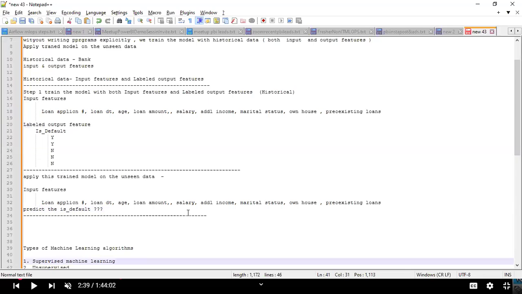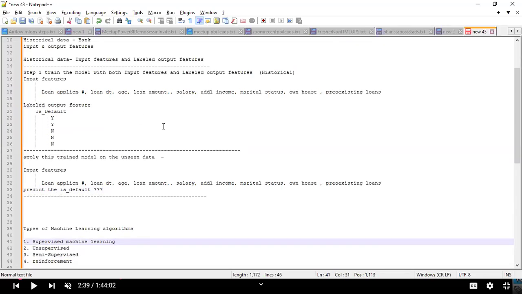It is something like giving a student questions and answers: for this type of question, this is the answer, and for this different combination of questions, this is the answer. We are giving both since we are supervising the student.